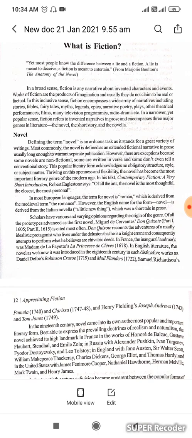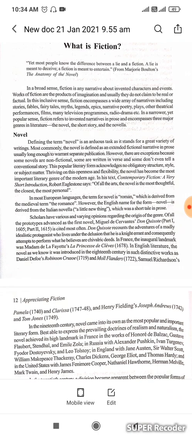You are familiar with Dostoevsky, Tolstoy, etc. And in England we have Jane Austen, Sir Walter Scott, Thackeray, Charles Dickens, George Eliot, Thomas Hardy. And in the United States, we have Cooper, Nathaniel Hawthorne, Herman Melville, Mark Twain, Henry James, etc. These are some names that you should remember while analyzing the history of the novel.